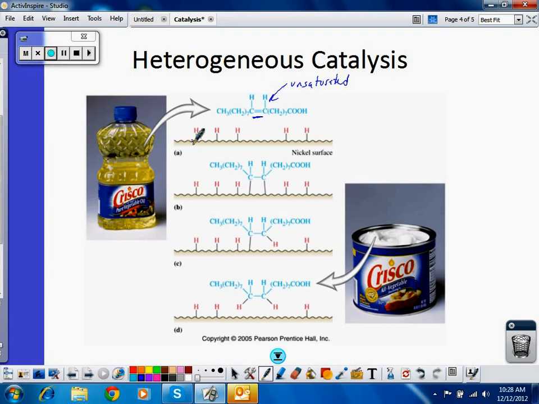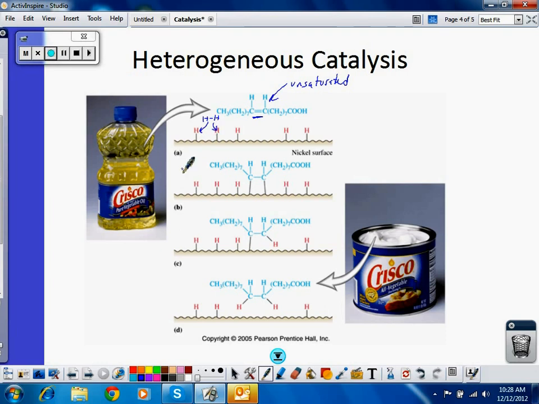So think of unsaturated as not having the maximum amount of H's attached to a carbon possible. So what happens when I want to saturate this with hydrogens, when hydrogen gas is added to this unsaturated fat in the presence of nickel? The hydrogen molecules, as they approach the surface, break apart into hydrogen atoms.